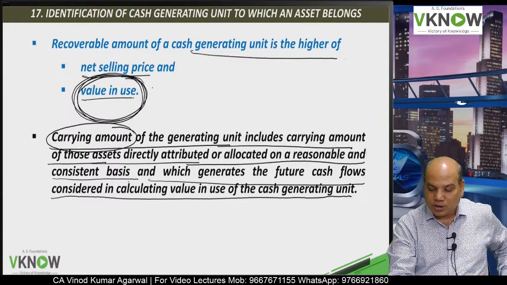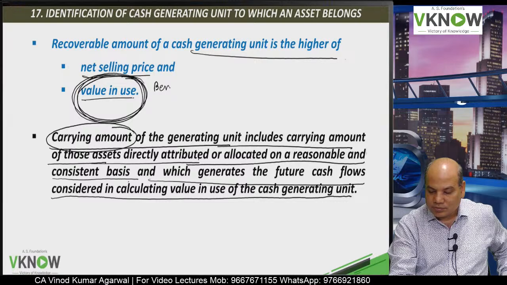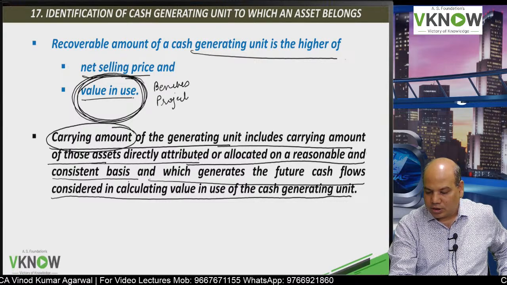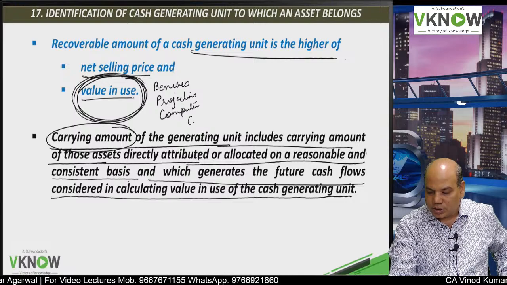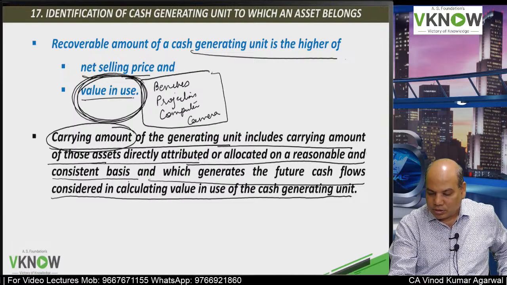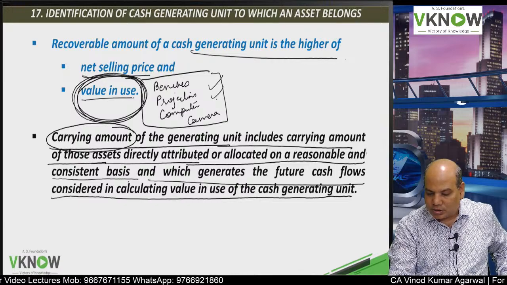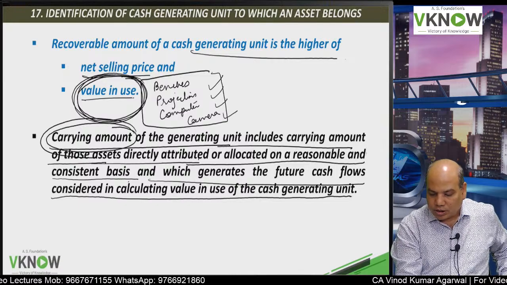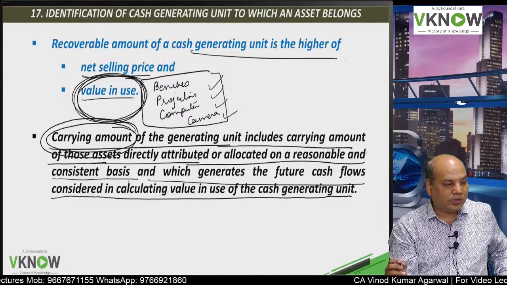So if I have considered benches, if I have considered projector in the classroom, if I have considered computer in the classroom, if I have considered camera in the classroom, I should consider the same asset in the carrying amount of CGU. There is a matching.